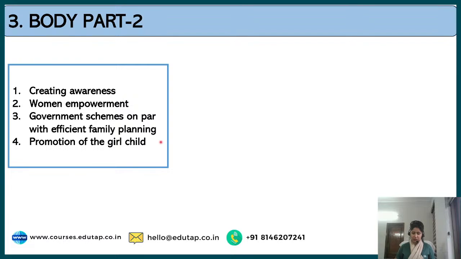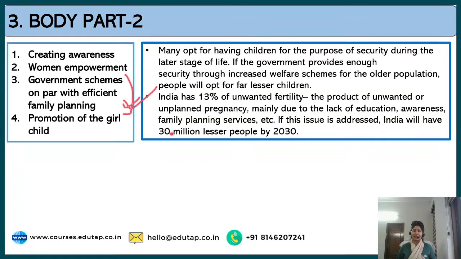And also I want to indicate here that India has 13% unwanted fertility. This has been recorded. Unrecorded must be very, very much higher. Many of the childbirths that occur are actually unplanned because of lack of education, awareness, and family planning services. So here is what the government needs to focus upon. The solutions can be provided in this area.